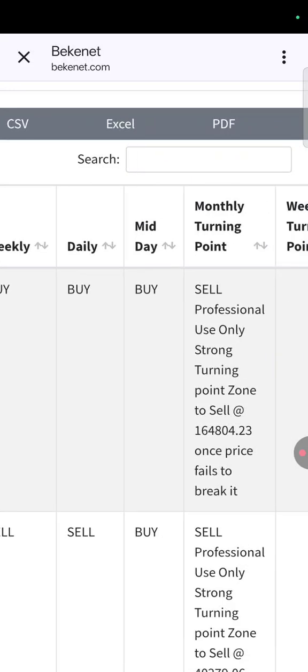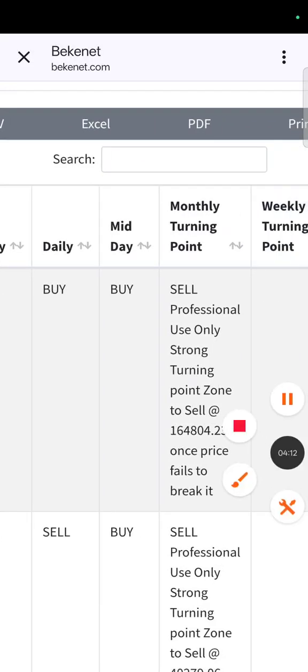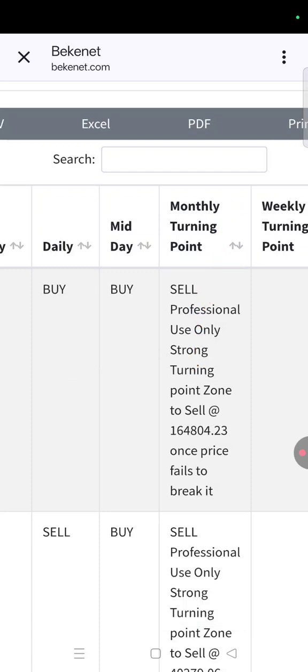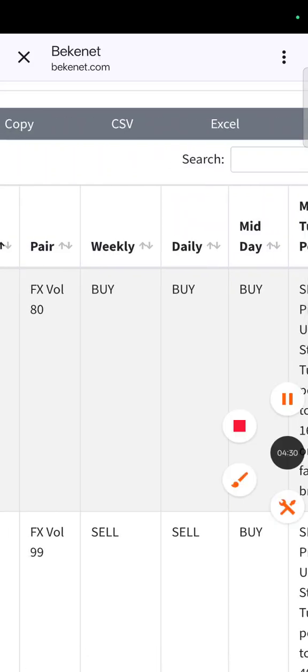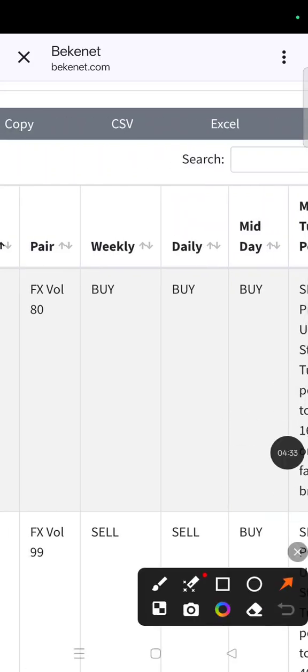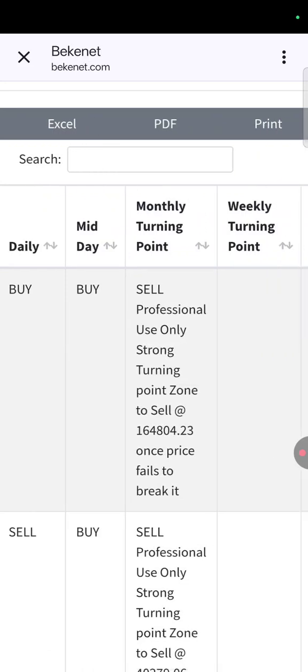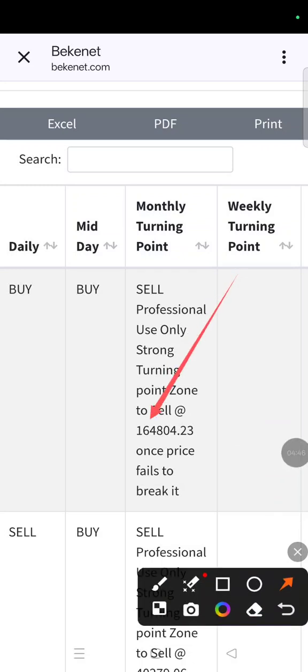So at the beginning of the month, we got this alert. This is the monthly turning point. What it means is that this market is actually buying presently. You see this buy. That may not be what it is at the beginning of the month, it may also be the same, but now this is telling you that there is a turning point for monthly.